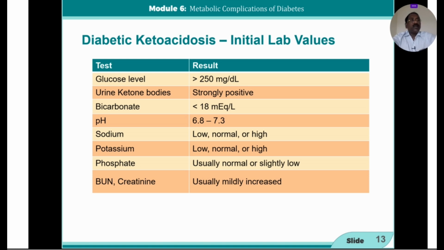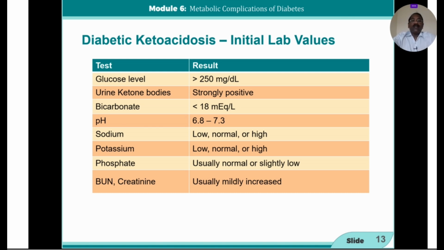Gut ischemia is sometimes possible, like mesenteric occlusion or mesenteric vein thrombosis, but that is very, very rare. That could be another possibility. But here in acute abdomen and DKA, it is mostly because of the gastric electrolyte imbalance.